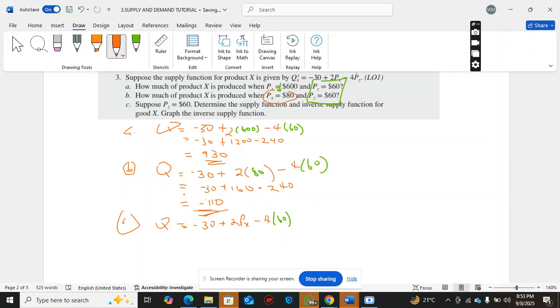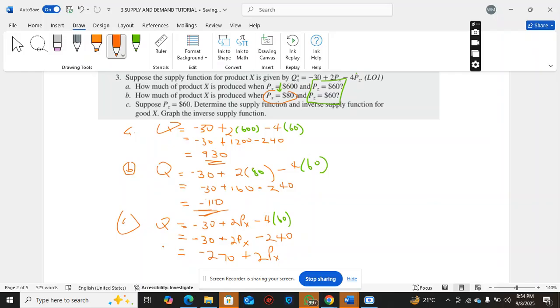So our supply function is going to become negative 30 plus 2Px minus 240. Like terms together, negative 30 minus 240, that's negative 270 plus 2Px. That is our supply function.